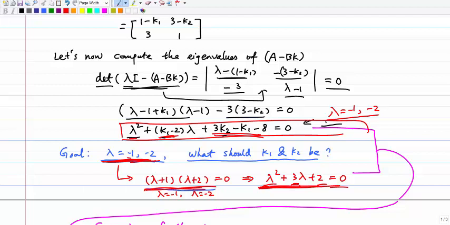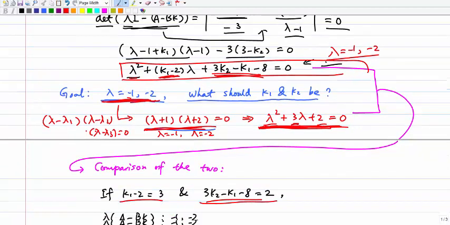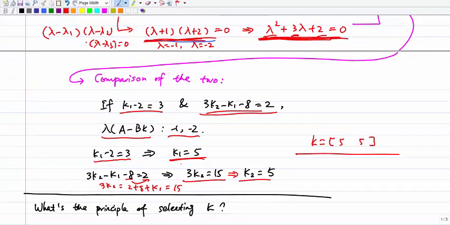The key part is you build lambda minus lambda 1, lambda minus lambda 2, whatever eigenvalues you want. You can add more if you want to have more, like lambda 3. You set it to be 0, then you compute the same polynomial. One thing you want to make sure is that all the coefficients of the polynomials match each other. Then you will be able to figure out what parameters to select. So that's the key idea you want to use to figure out what parameters to use.